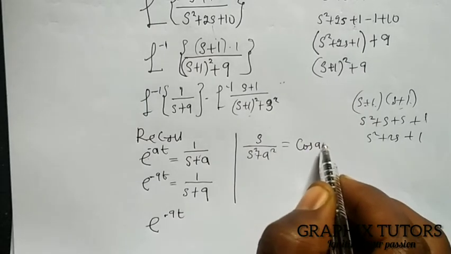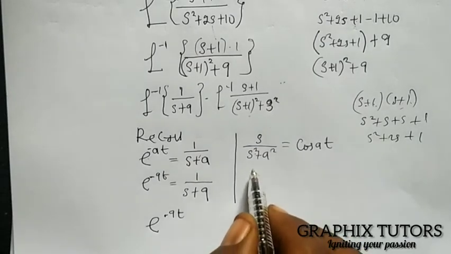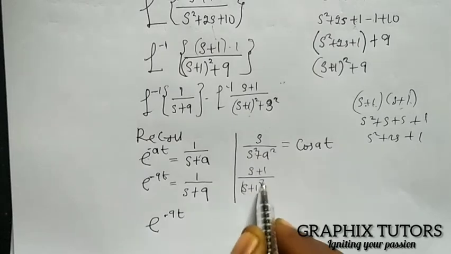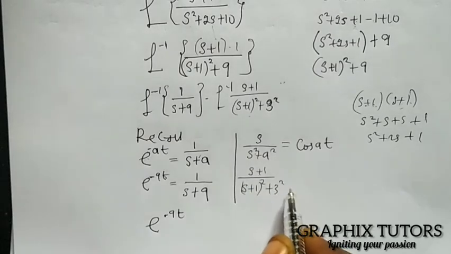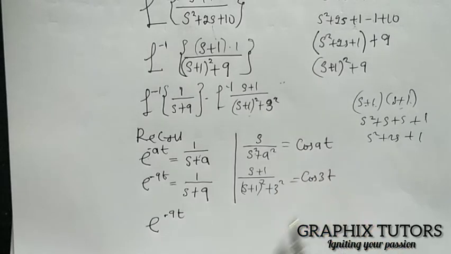cos at, right? So now if you have s plus 1 all over s plus 1 all squared plus 3 squared, that will give me cos 3t. Is that okay now? Because once the terms here are the same, you use cos, and whatever you have here is what you have in there.